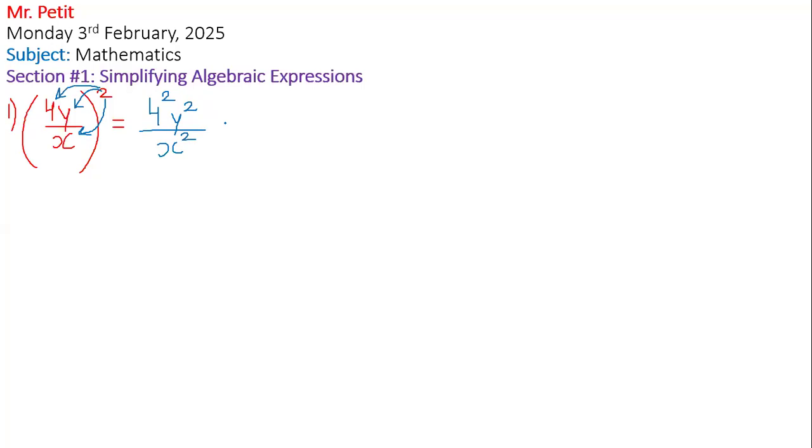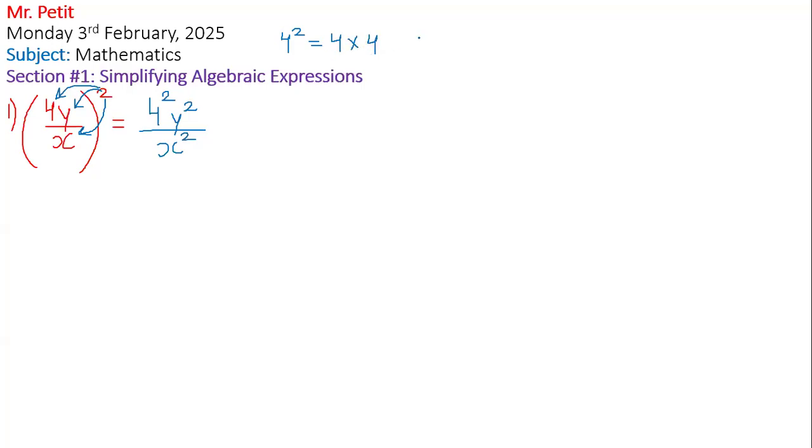Now, question. Does anyone know what we mean by 4 squared? What is 4 squared? 4 multiplied by 4. So 4 squared is 4 times 4.